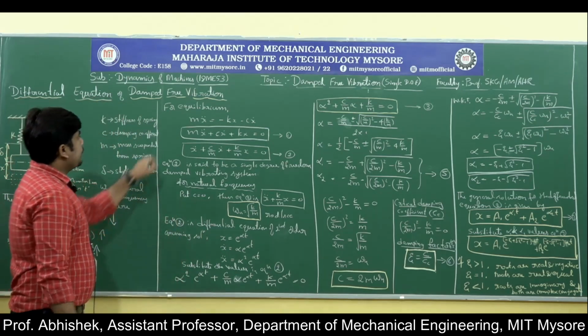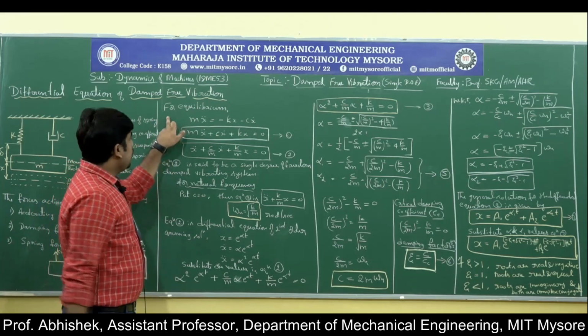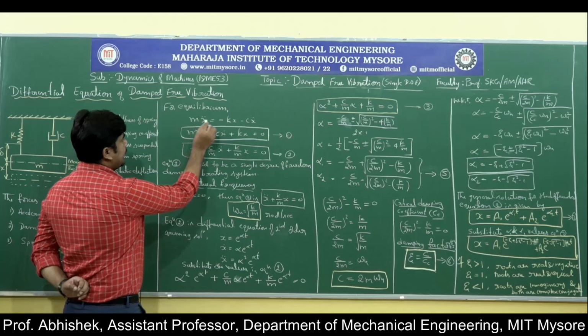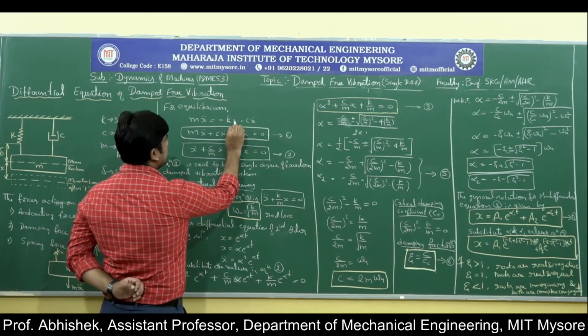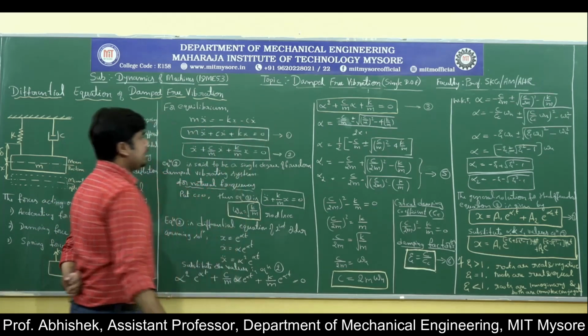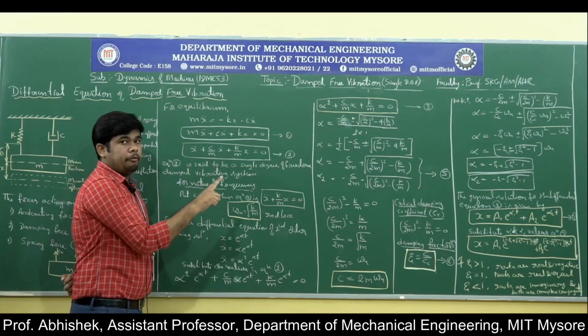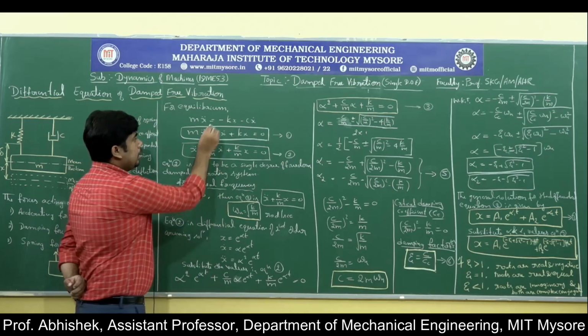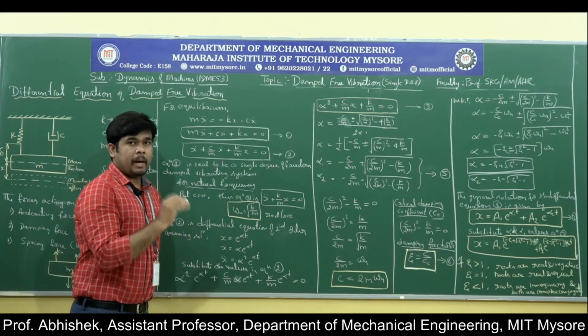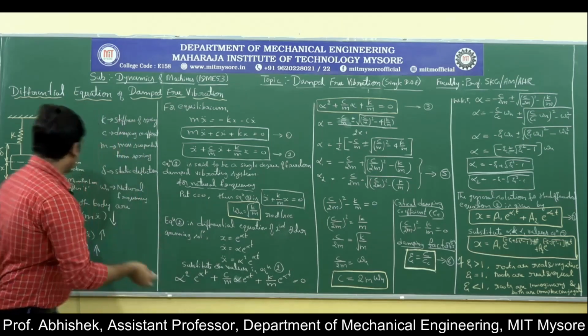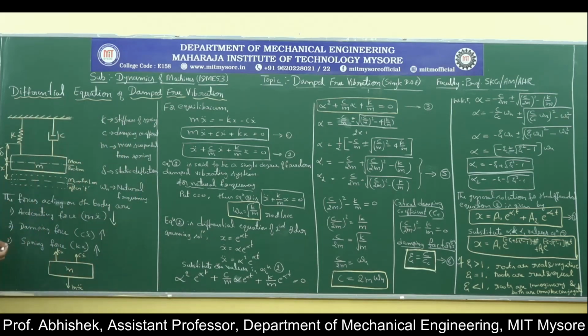In the next step, for the equilibrium condition, m x double dot is equal to minus k x minus c x dot. The m x double dot, the accelerating force in the downward direction, is equal to minus k x. Why minus k x? Because it is in the opposite direction; the spring is acting upward.